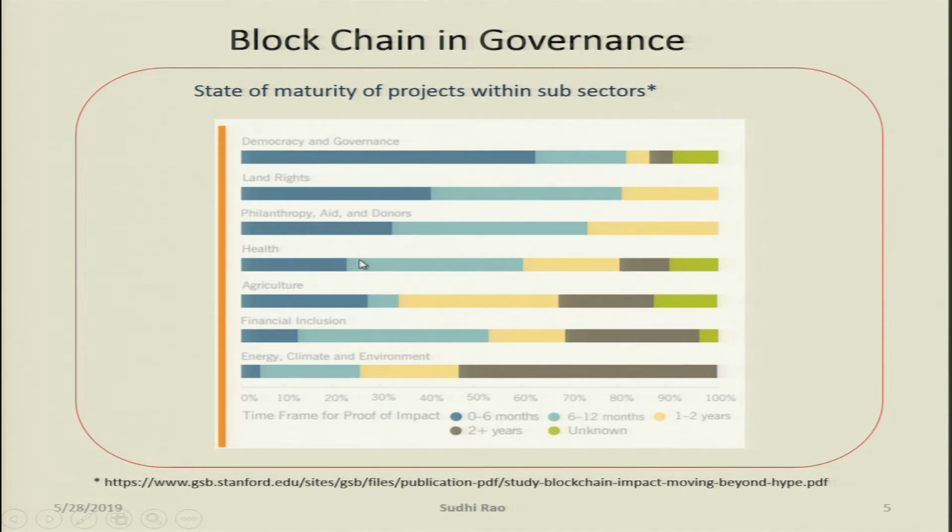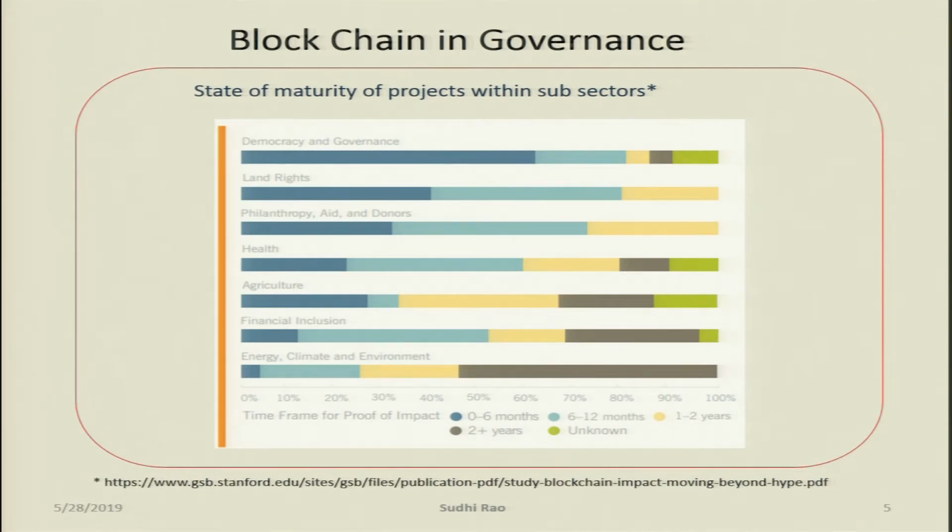So, this is the color coding showing that projects have been initiated. In what time frame are they going to be successful? When do they start bearing results? As we can see in democracy and governance, among all the projects that this study from Stanford looked at, almost 60% are going to produce an impact in the next 6 months. They are already at a stage of maturity. This initiative is already in process.